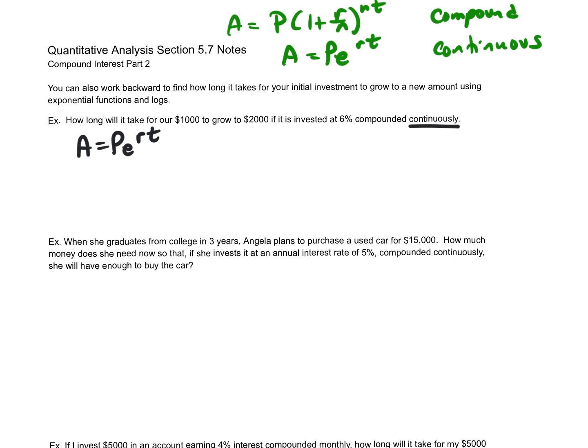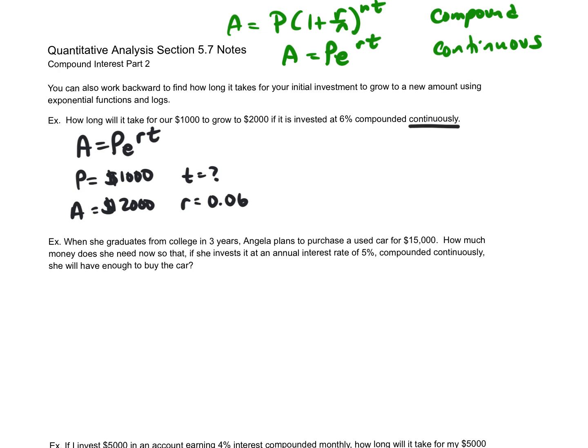Now, P is the principal, the amount I start with, which is 1,000. The amount I want in my account is 2,000 after some amount of time. So we really don't know the time. And our rate is 6%, which is 0.06.